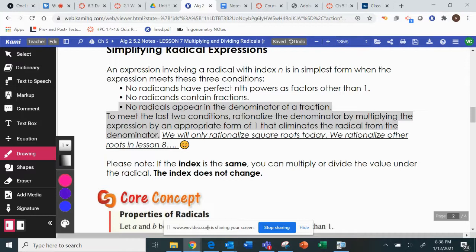None of the radicands have perfect nth powers, so we have pulled all of those roots out other than one. And then none of the radicands can contain fractions, and no radicals appear in the denominator of a fraction. To meet the last two conditions, we're going to do something called rationalize, but that's not going to happen today.